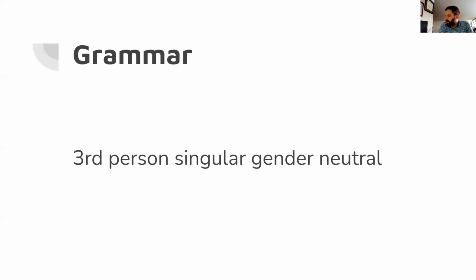And the issue came up of using a third person singular gender neutral pronoun. We don't have that in English. Some languages do. In English, we have he, she. We do have it, but it is for a non-person. And so we have to make reference to he or she when we're talking about a third person singular person.